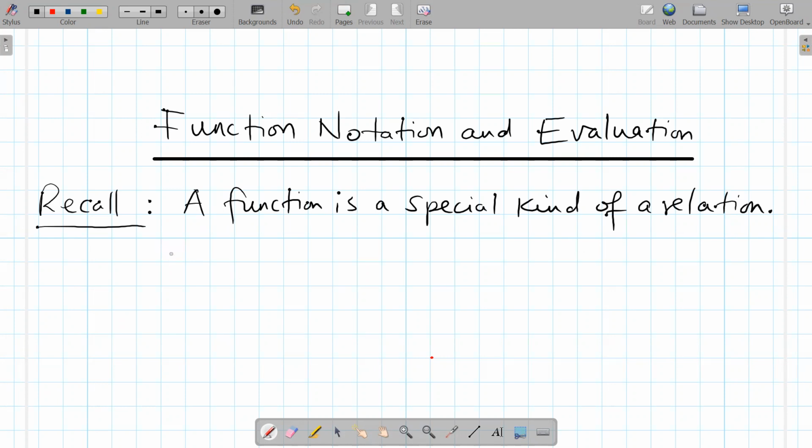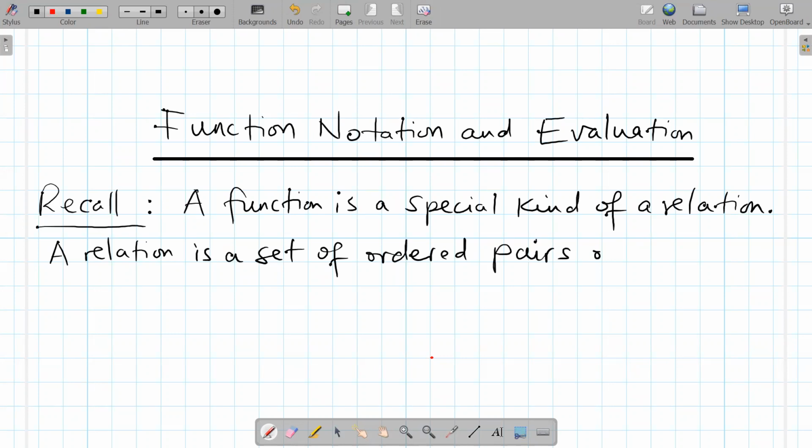And what we got was that a relation is a set of ordered pairs of the form x comma y.